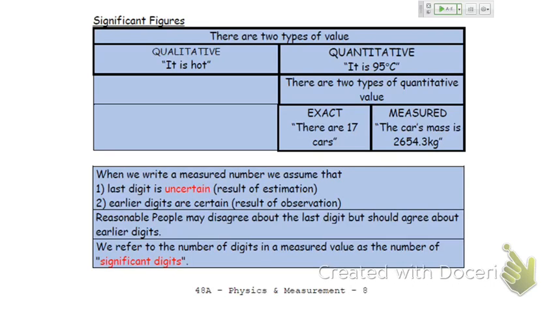I might express it as meters, centimeters, and millimeters, but I can simply count along the ruler how many I passed. None of us should disagree about that. But in that last millimeter, we can disagree about, is it 0.3 of a millimeter, or is it 0.5 of a millimeter, is it 0.7 of a millimeter? What is it?